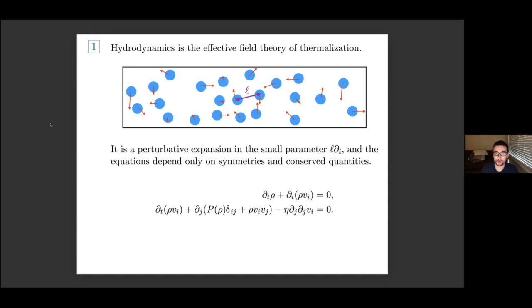In this talk, I won't touch very much on the field word in that phrase, but at the very least, I think we can agree that hydrodynamics should be an effective theory. It describes many body chaotic systems, and what we're interested in particular is the relaxation of this many body system to equilibrium, or as close to equilibrium as we can get, given the particular realization of the system with particular conserved charges and so on.